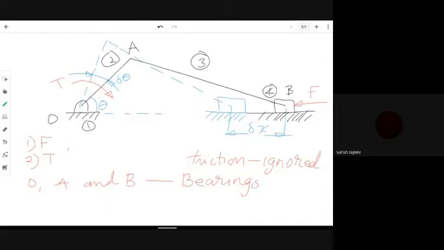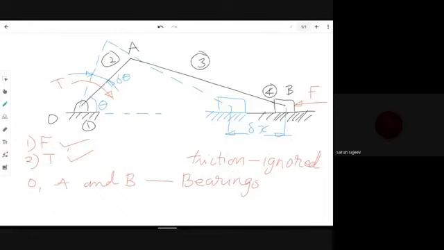Definitely when the system is moving or having a displacement, that displacement will come into effect at the points of these bearings also. So apart from the external applied force F and the torque generated on link number 2, you have bearing forces or reactions at O, A and B. Now, the bearing reaction at O will not perform any work because O is basically a fixed position.